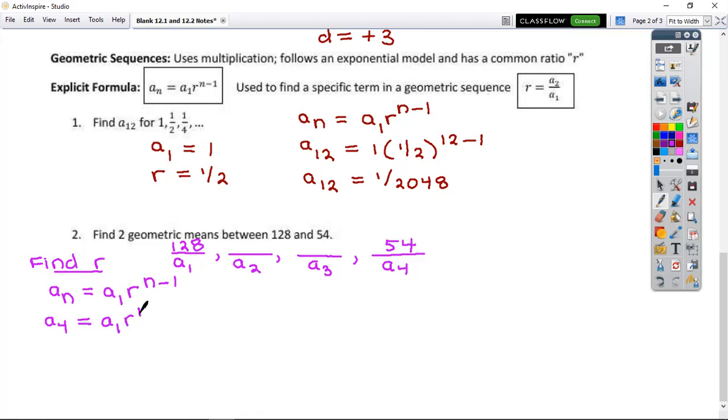And then this would be to the 4 minus 1. And then I'll sub in. So I'm going to get the 4th term is 54 equal to 128, R is unknown, to the 3rd. Divide by 128. Divide by 128. I've got 54 over 128 equal to R cubed.